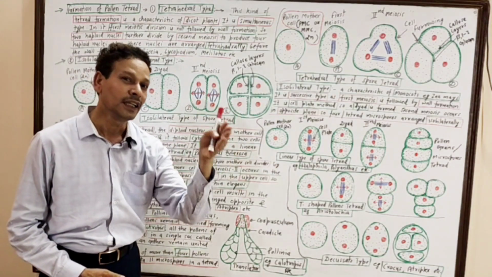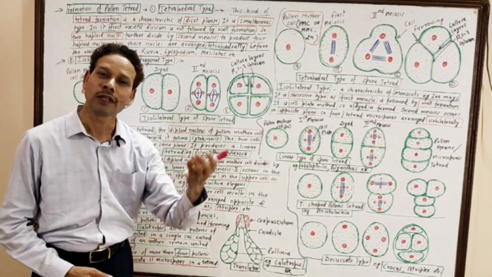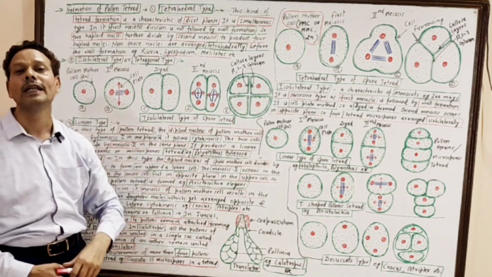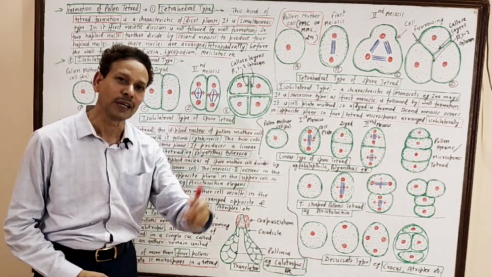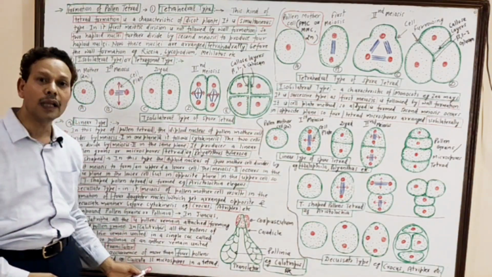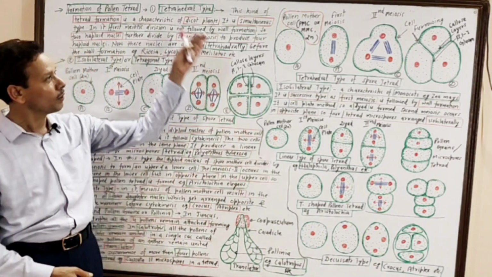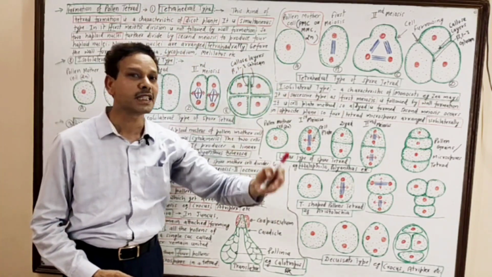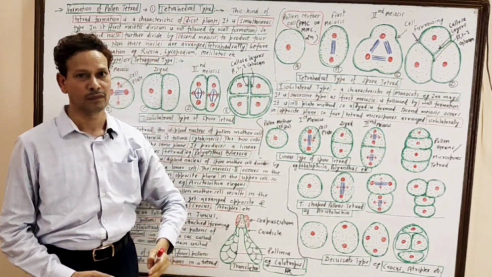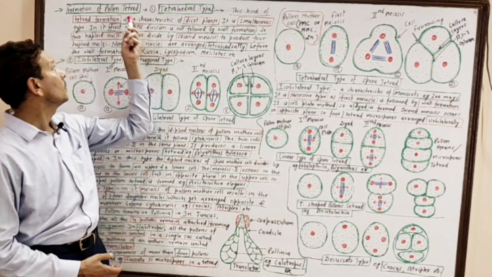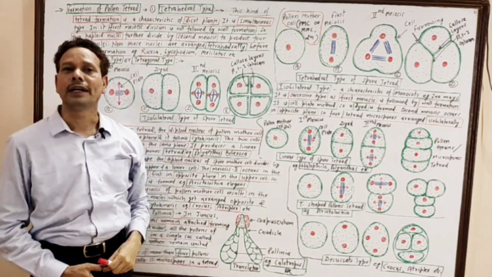As a result, in that tetrad, more than four pollens are formed. That is a case of polyspory. In case of Cuscuta, about 11 microspores are formed in one tetrad. This is all about microsporogenesis, pollen formation. Dear students, these are different types of formation of pollen tetrads.